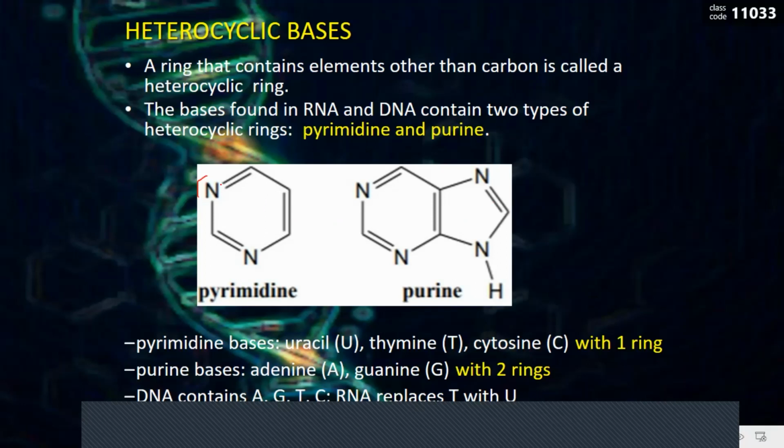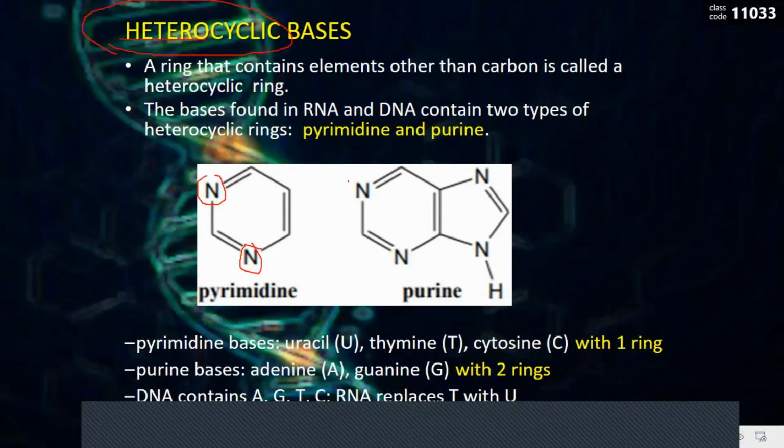Because they contain nitrogen. They are also called heterocyclic bases because they have a ring. Okay? It may not be a circle, but this is a ring, because it is connected from end to end. It is heterocyclic because the ring contains an atom other than carbon. Normally, cyclic organic molecules have no nitrogen.